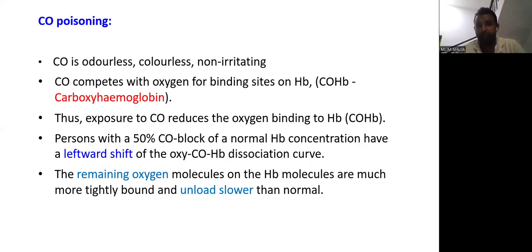A person with 50% carbon monoxide block of normal hemoglobin has a leftward shift of the oxy carbon monoxide hemoglobin curve. Because it shifted to the left, the remaining hemoglobin molecules have more affinity for oxygen.